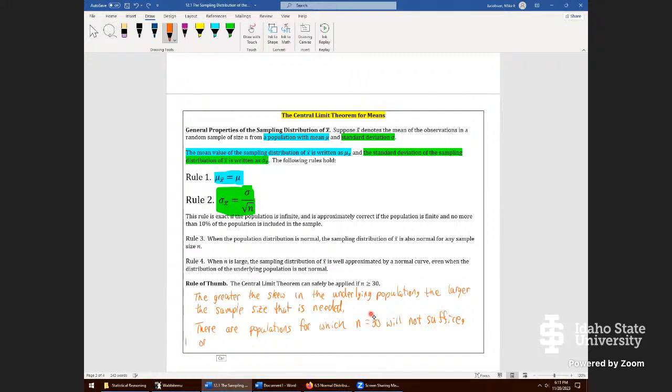Or even n equals 100, and so on. We can make a population or find a population in real life where the skew is so bad, you might need sample sizes to be around 500 or maybe 1,000 to overcome the apparent skew that we're detecting in the population. We've seen that kind of data before.